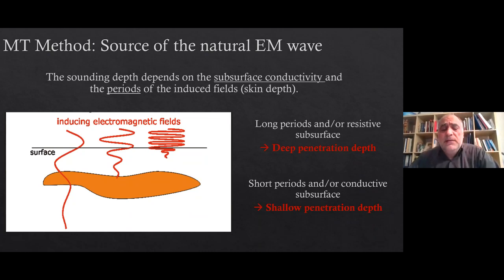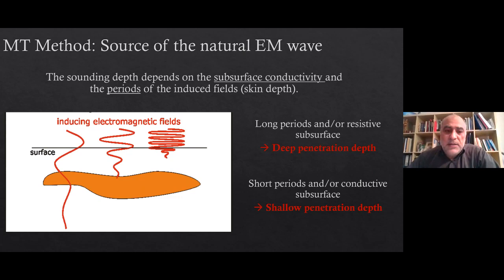Once it starts penetrating the more conductive subsurface, in comparison to the air, the EM wave starts to decay, namely exponentially. The ratio of this decay depends basically on two main factors: the subsurface electrical conductivity and the period of the induced field. That's what we call skin depth.